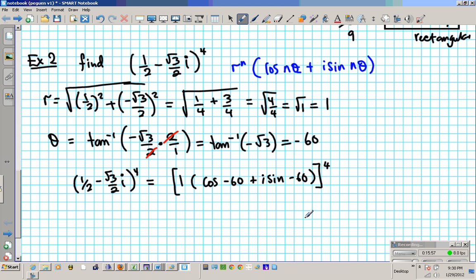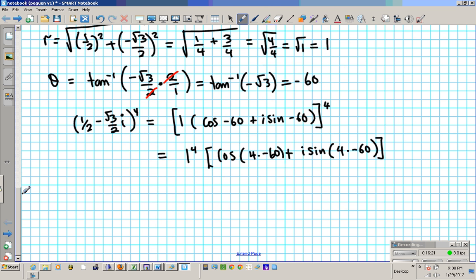Alright? So now we're going to apply De Moivre's theorem, and it's going to become 1 to the fourth times cosine 4 times negative 60 plus i sine 4 times negative 60. Okay? So there you have it. And then we'll simplify it. It gives us the polar form.